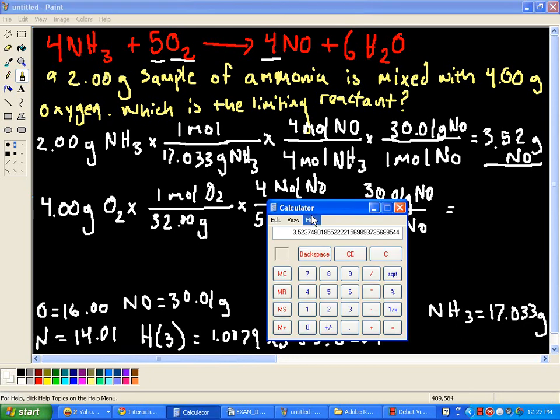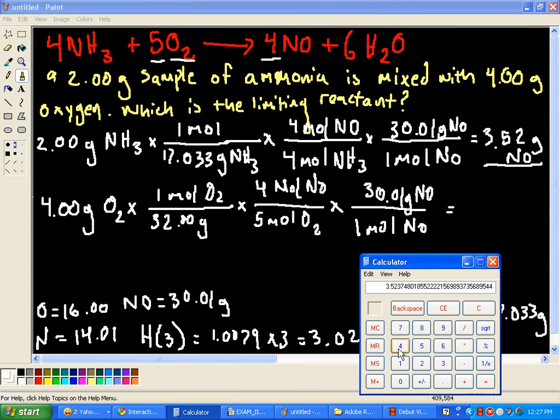That's going to be 4 grams times 1 divided by 32, times 4 divided by 5, times 30.01 divided by 1. And that's 3 significant figures, so it'll be 3.00 grams.